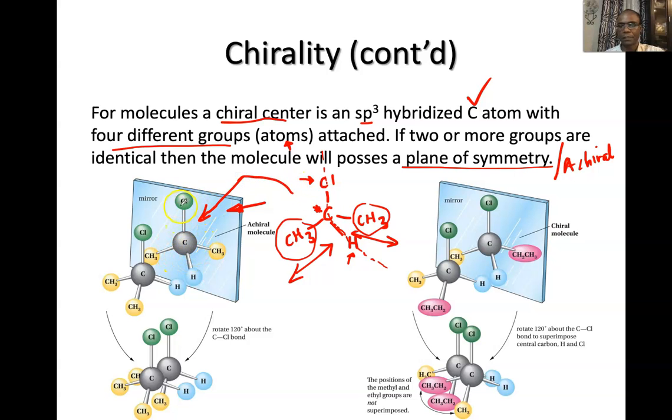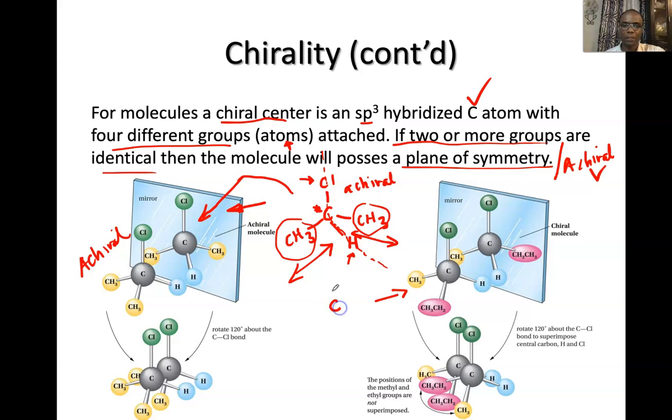You're shown that the mirror can cut it into equal halves. There's an internal plane of symmetry, then the entire molecule must be achiral. Okay, so this molecule is achiral because there are at least 2 groups that are similar. If 2 or more groups are identical, then the molecule possesses an internal plane of symmetry and it's going to be labeled achiral.